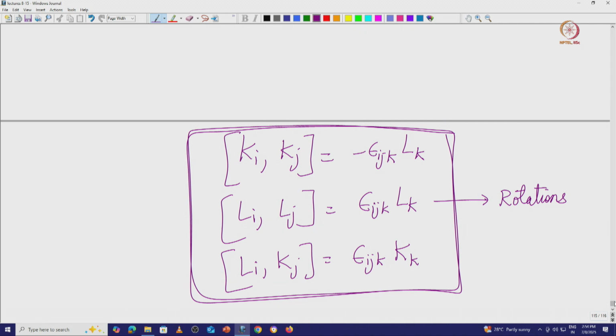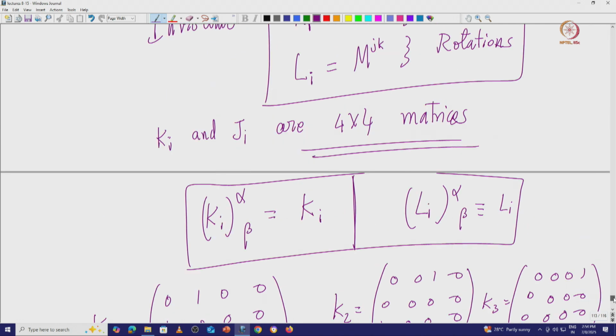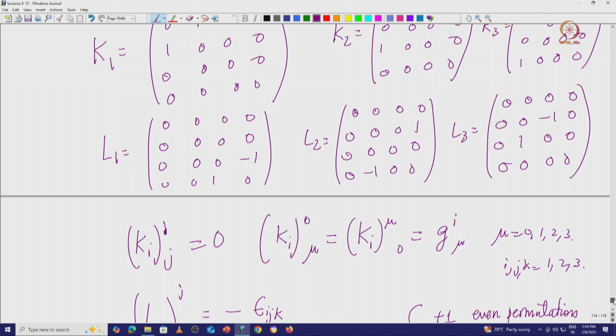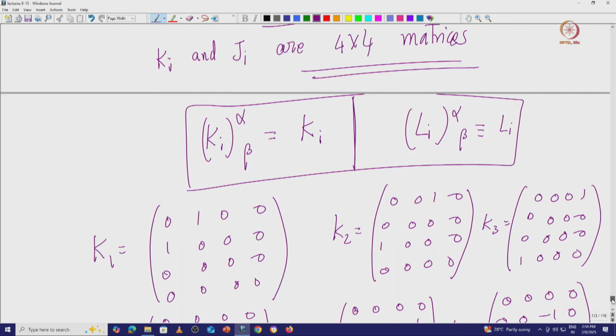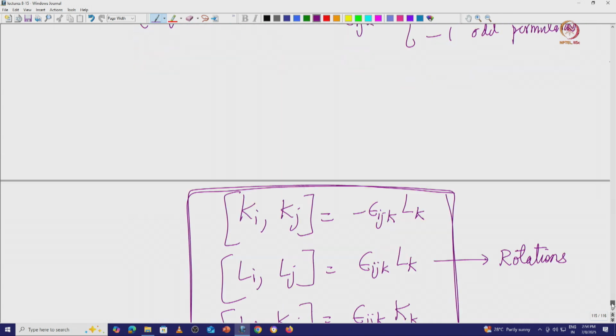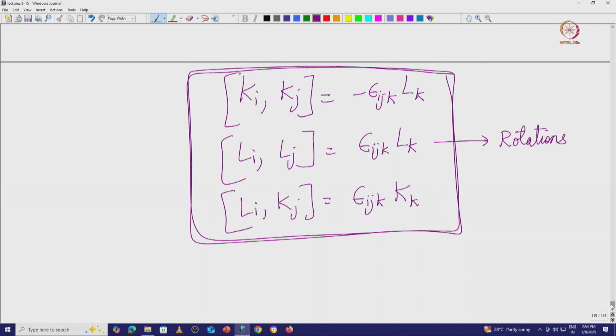So we have written the corresponding matrices of boosts and rotations. The only thing is that we have to define correctly what are the boosts and what are the rotations, and then we get the following commutation relations, which show that 2 boosts give rise to a rotation, and 2 rotations close on themselves, essentially they form a closed algebra.